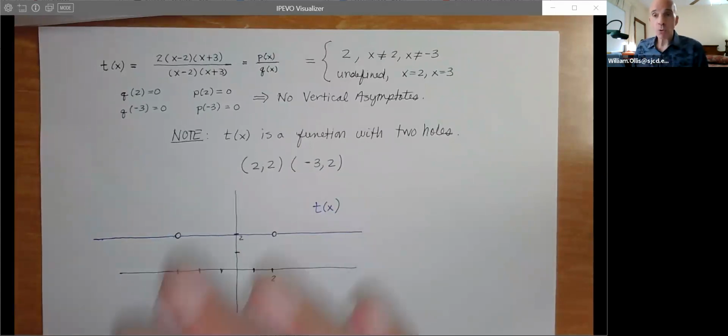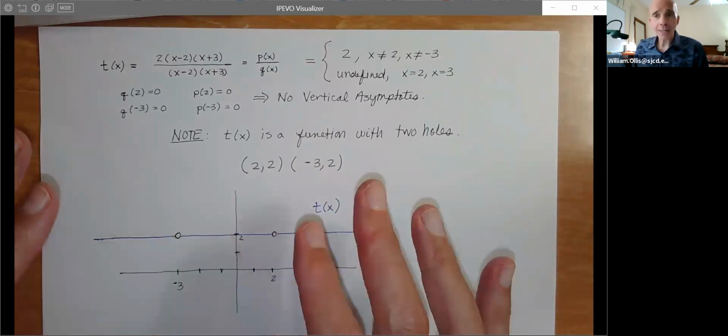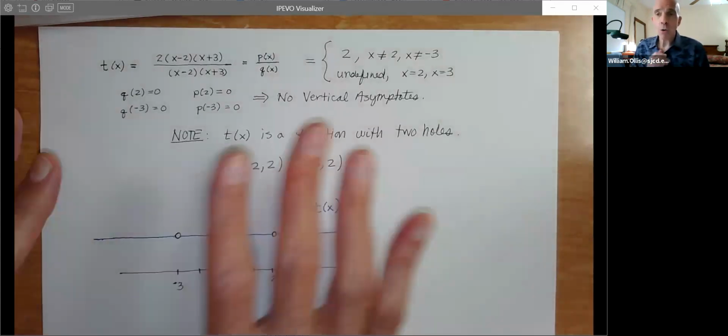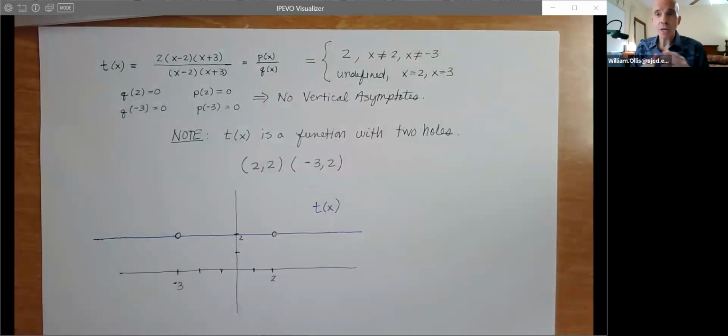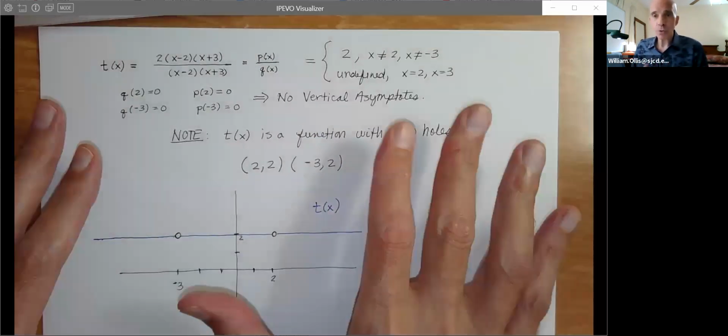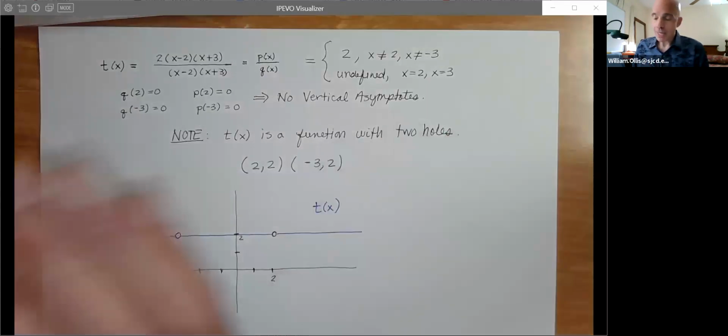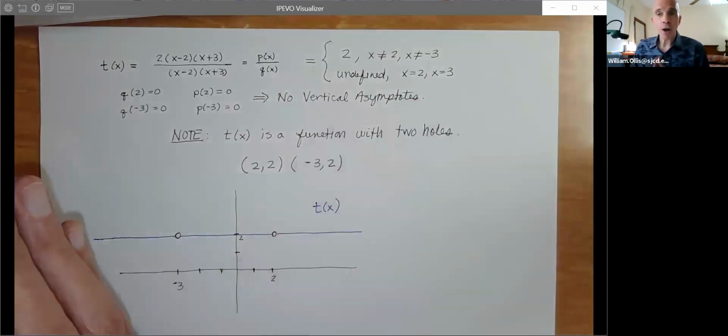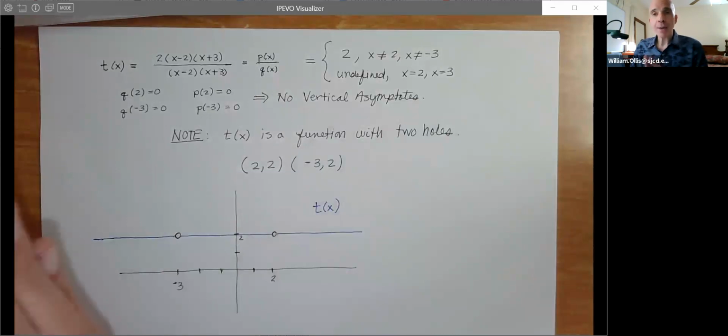So what I want you to do is go ahead and complete the sections on the rational expressions, on the complete factorization, and go ahead and review the inequalities that we've done. And also think about where we're going in the future. We're going to be doing the basics on the exponential and logarithmic functions.